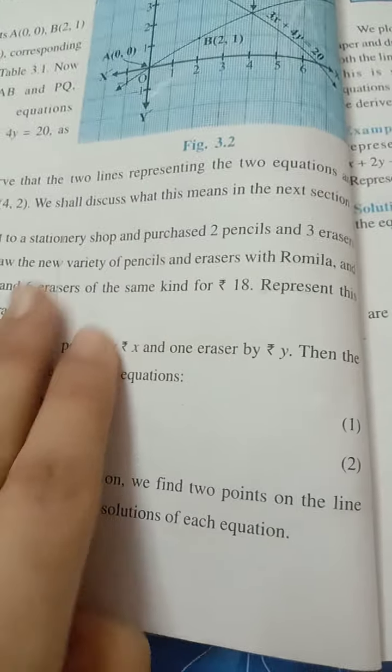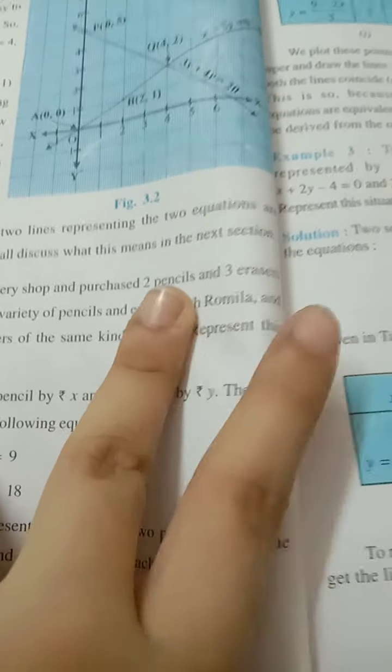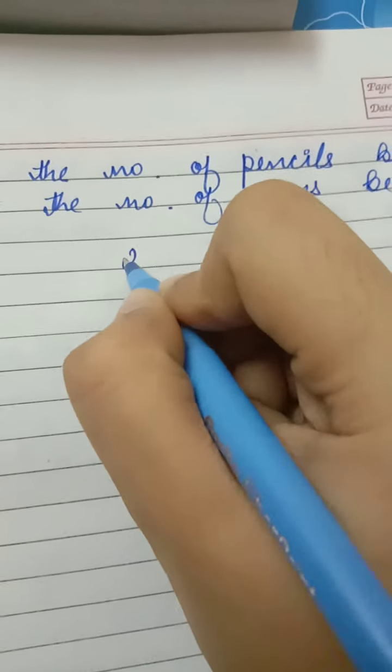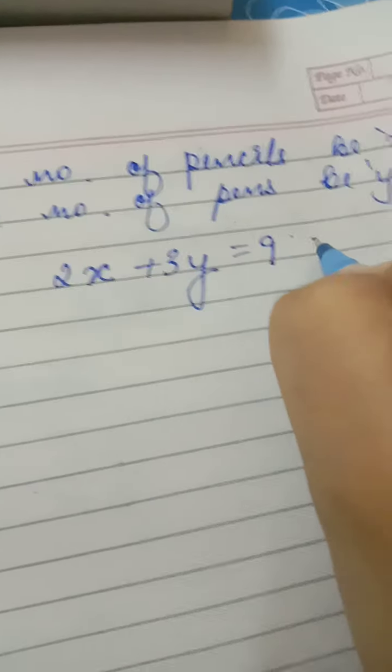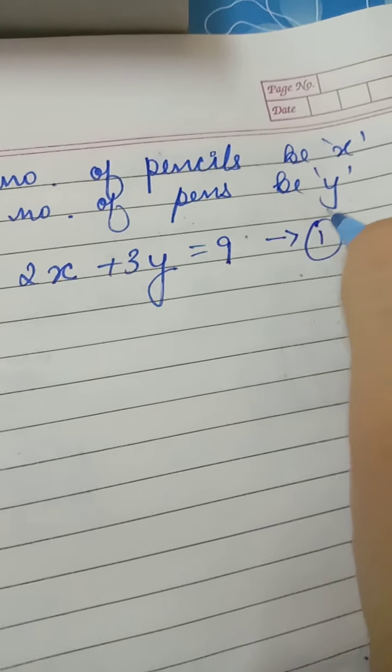Romila bought 2 pencils and 3 erasers for rupees 9, so the first equation becomes 2x plus 3y is equal to 9.